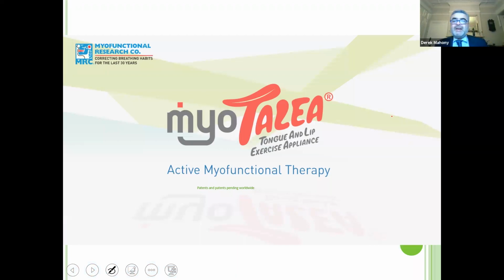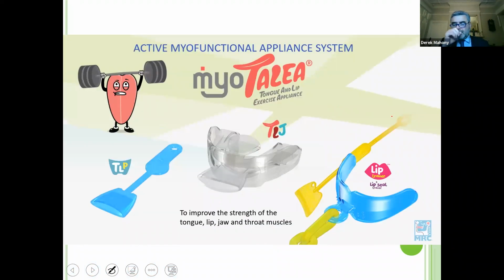Now, excuse me, one of the exercises I do in my practice is using what's called a myotalia. So it's a little device where after I've checked for tongue tie, after the upper jaw is widened, and after you start your speech therapy, I get the kids to do this.